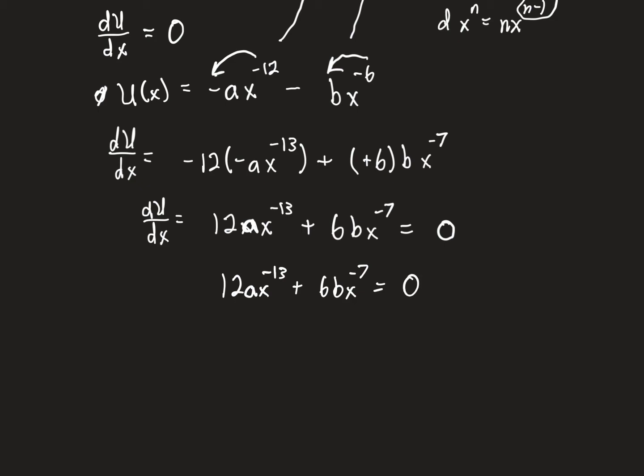So I want to solve this. I want to get all of my elements that have x onto one side and everything else onto the other side, so that I solve this for x. So I'm going to move one value over to the other side. I have 12A x to the negative 13, and that's going to be equal to negative 6B x to the negative 7.